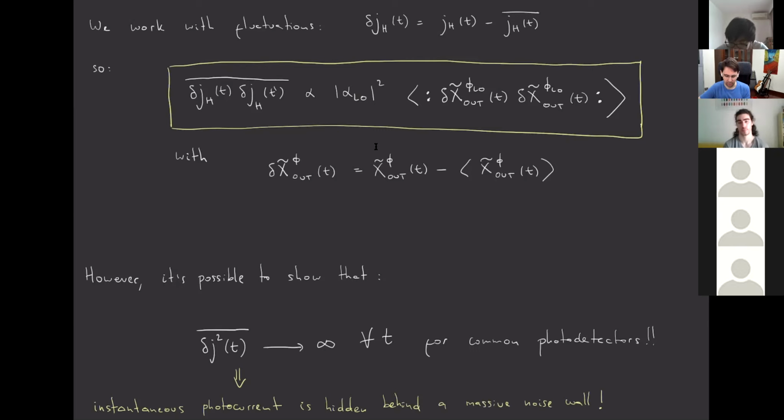So as I said, I cannot prove this because it's a little bit tricky, but this is what happens in most detectors that are used in labs. So there are some modern detectors that allow for instantaneous tracking of the photocurrent, okay? But these are very expensive detectors and very, very state-of-the-art.